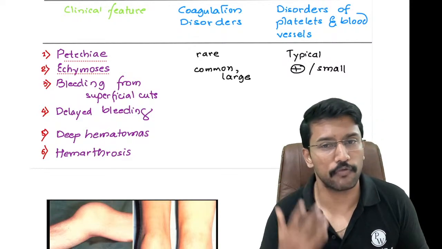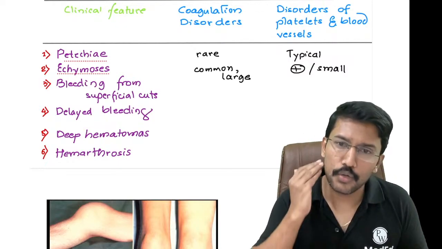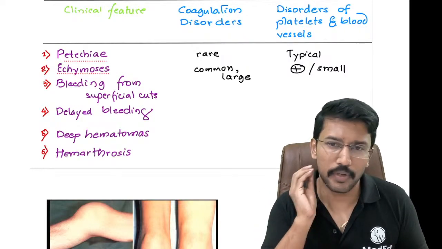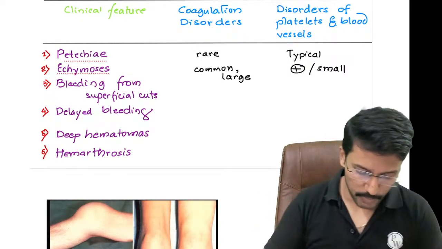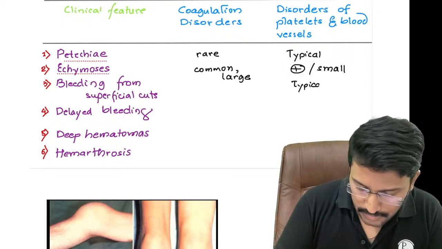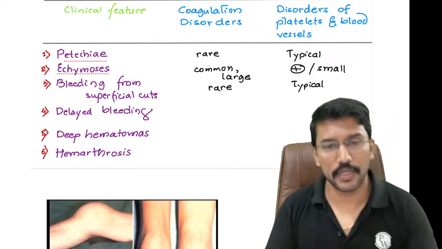It is the platelet plug formation, right? So if I don't form the platelet plug, then I will continue to bleed from that site, right? If I'm able to form a platelet plug, then this bleeding will stop quickly, right? So bleeding from superficial cuts is typical of platelet disorders and blood vessel disorders. It is rare when you have coagulation disorders.